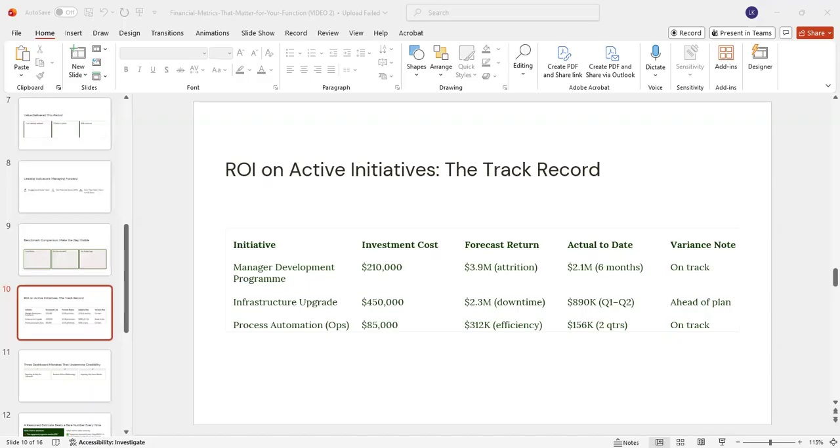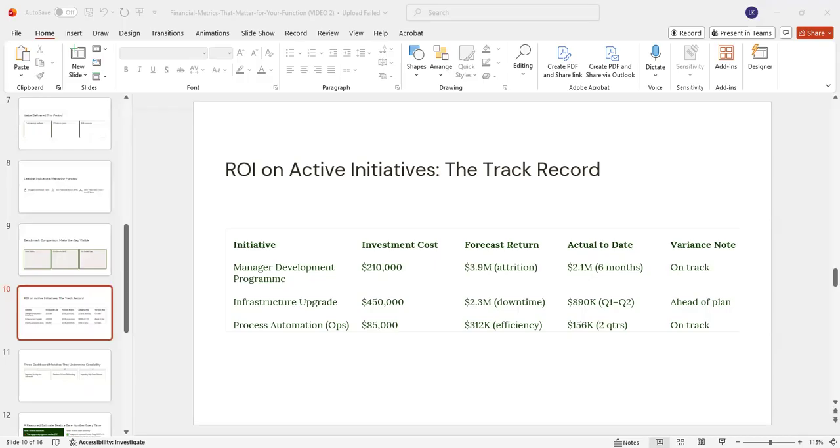Now, I would ask you to pay particular attention to the variance explanation column. In my opinion, this is super critical. Every finance team knows that the actuals will almost always deviate from forecast. If it aligns, it's more coincidence than anything else, right? It's not that they don't expect surprises.